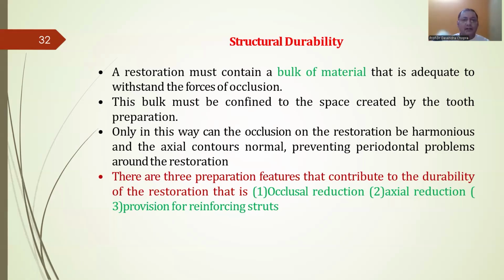Your laboratory personnel won't be able to give you good esthetics and a good thickness of porcelain on the metal coping unless you appropriately provide a good functional cusp clearance as well as a non-functional cusp clearance. So whenever you are doing your preparations, according to the type of restoration, please make sure you provide an apt amount of functional cusp clearance as well as non-functional cusp clearance. The more the clearance, definitely you will get a better amount of structural durability.